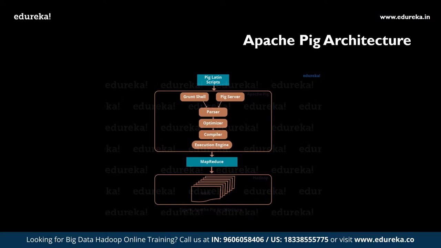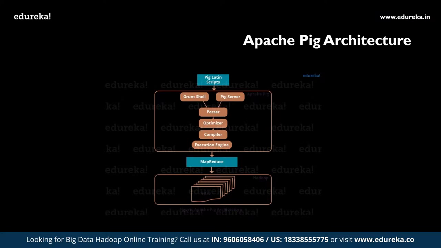Firstly, the parser. Initially, the Pig scripts are handled by the parser. It checks the syntax of the script, does type checking and other miscellaneous checks. The output of the parser will be a DAG, which is directed acyclic graph, which represents the Pig Latin statements and logical operators.